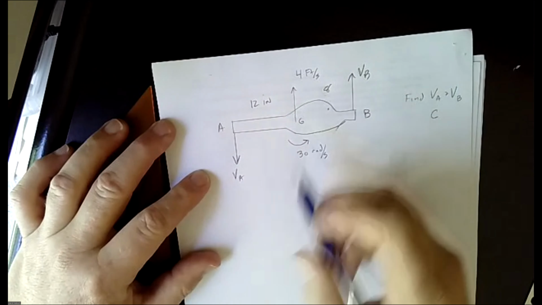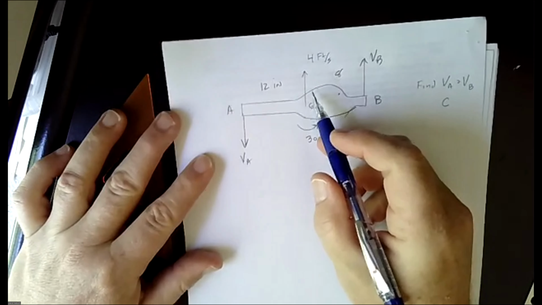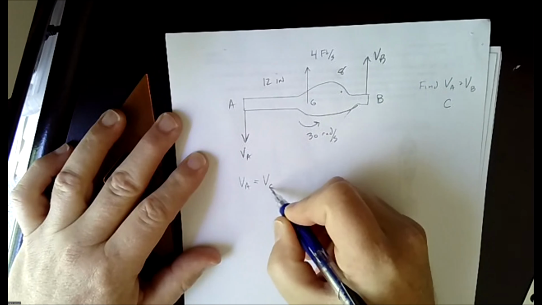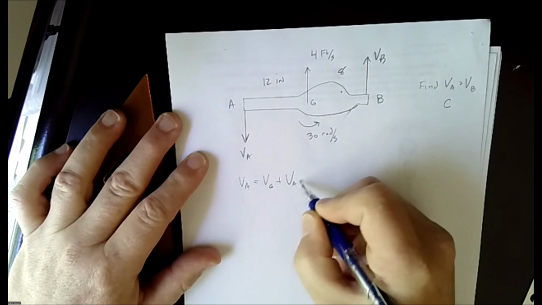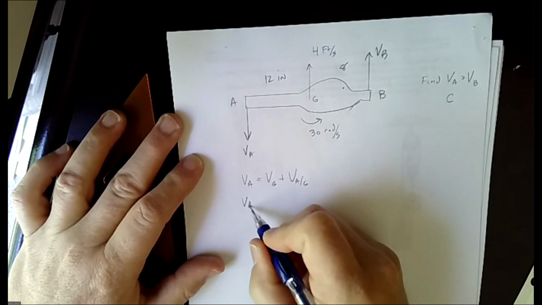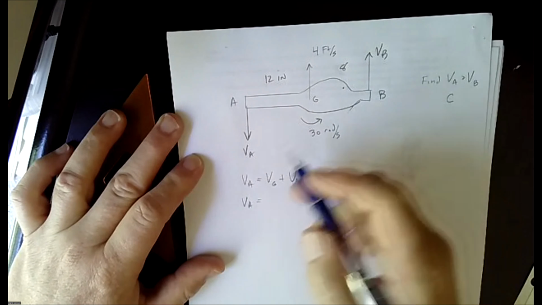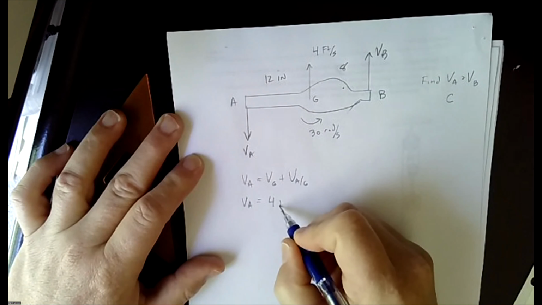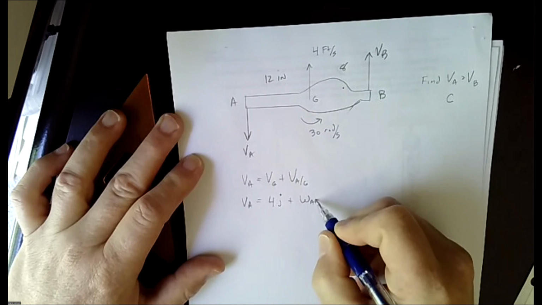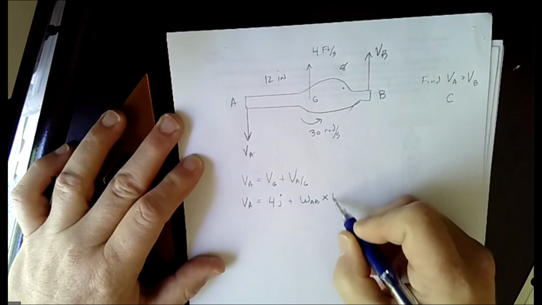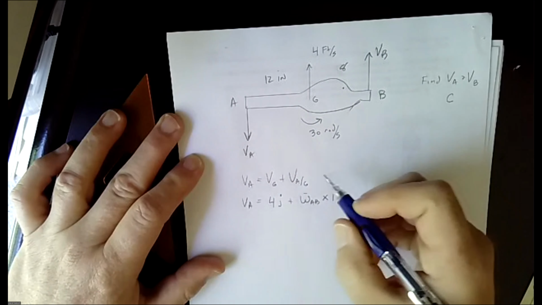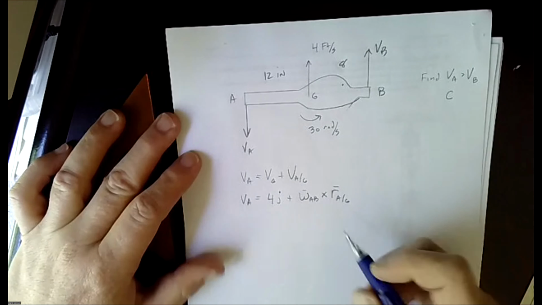Well, we know VG, right? It's 4 feet per second. So we'll say velocity of A equals velocity of G plus velocity of A relative to G. Or we can write it as velocity of A equals, we know velocity of G is 4 in the J direction, plus omega AB crossed with R of A relative to G. And again, everything as vectors.